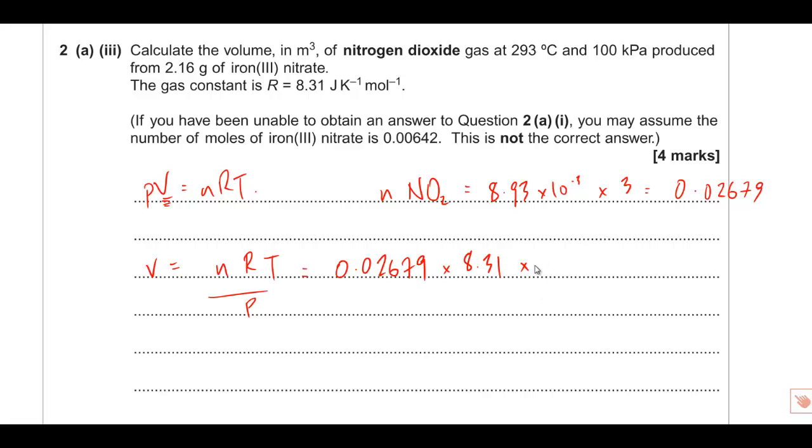T is given to me in Celsius here. Don't get that confused. It's 293 add 273, which comes to a total of 566. All divided by my pressure P, which I've got to convert. So 100 kilopascals is going to be 100,000 pascals. Bit of calculation. Boom.